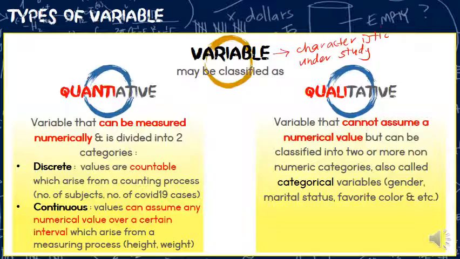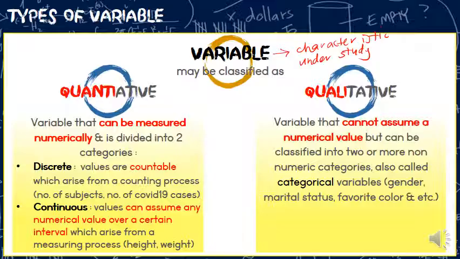So monthly expenditure will be your variable. So this variable can be classified into two categories. Okay, we may have a quantitative variable and we also ada qualitative variable. So what is the difference between quantitative variable and qualitative variable?